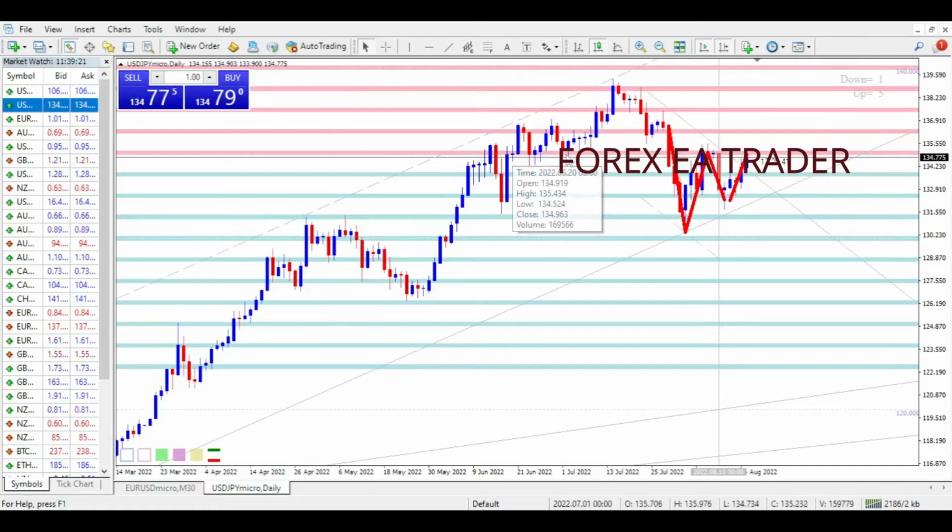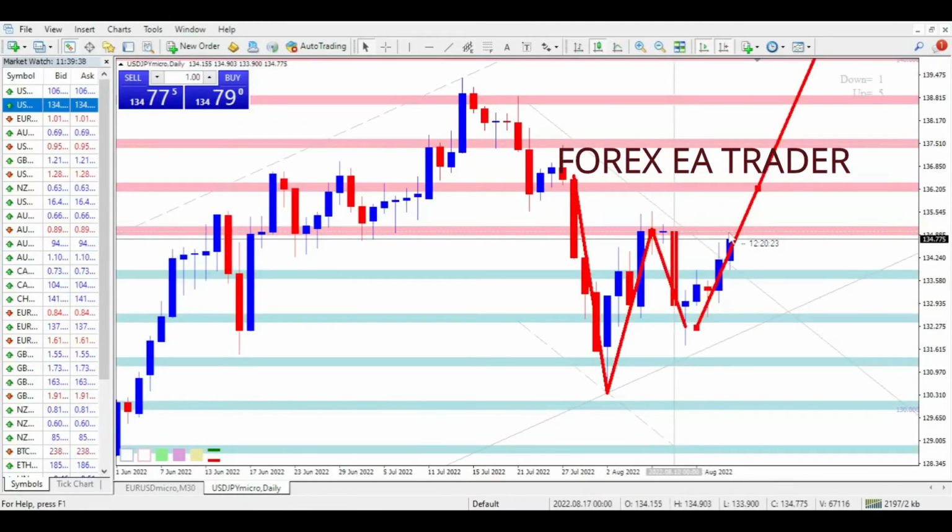We are at this interesting area here. So are we going to see a push to this side on USD JPY? Well, it remains to be seen. At the moment, we haven't really touched the zone there. We haven't broken out, and I would be interested in seeing us break through, and then I know that we are going up.